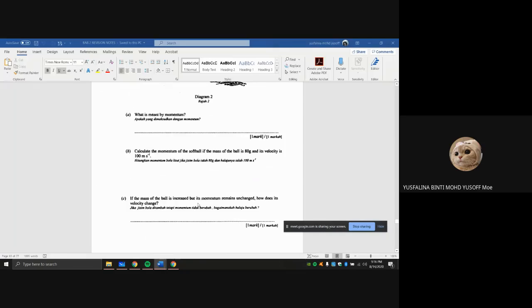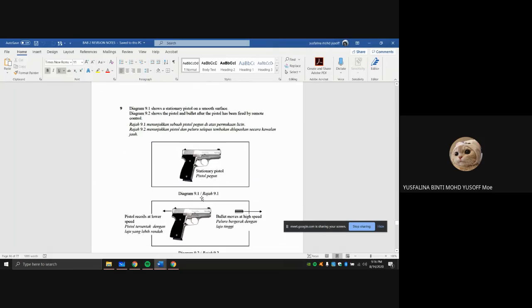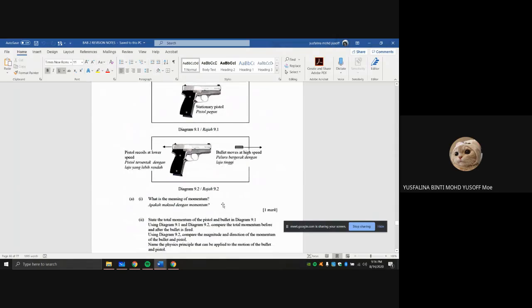All right, the next one is number 9. It says here diagram 9.1 shows a stationary pistol on a smooth surface. Diagram 9.2 shows the pistol and bullet after the pistol has been fired by remote control. What is meant by momentum?